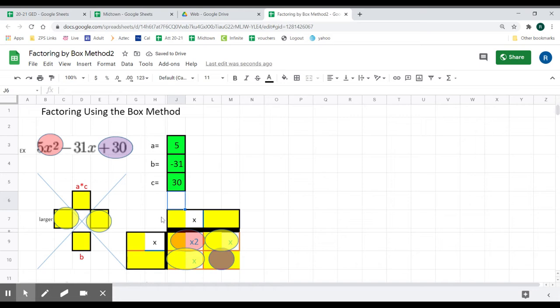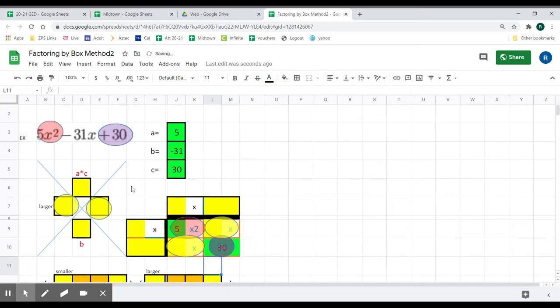You can come down here and in the first one here, you can put your 5x squared. And in the second one down at the bottom here, you can put your 30. I kind of color coded it for you.